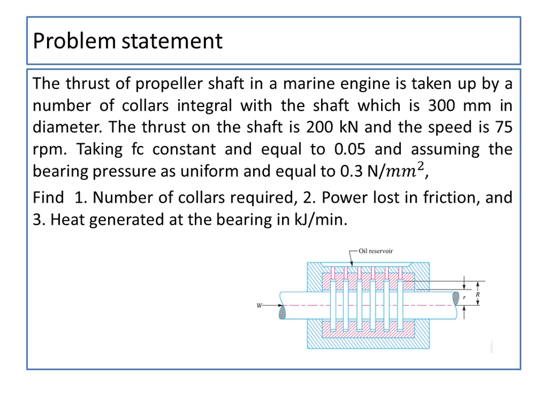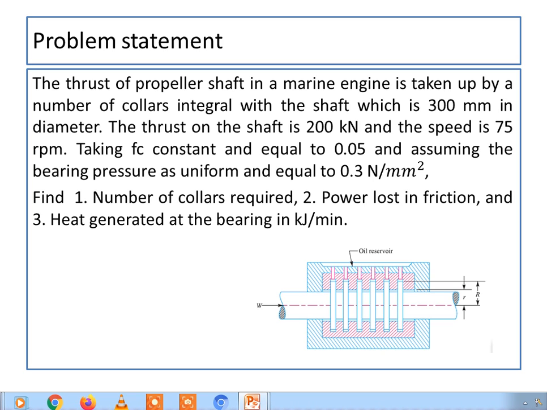Taking Fc constant and equal to 0.05 and assuming bearing pressure as uniform and equal to 0.3 Newton per millimeter square, you need to find the number of collars required, power lost in friction and heat generated at the bearing in kilojoule per minute.